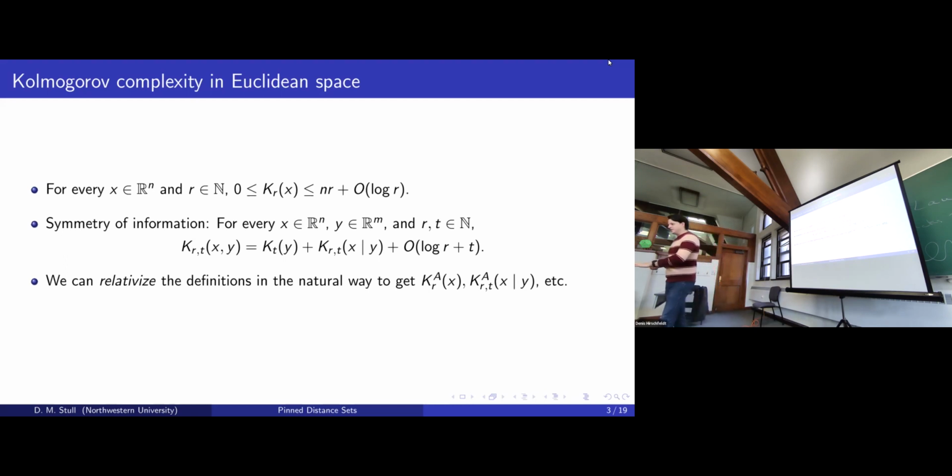If you haven't seen Kolmogorov complexity before, but you are familiar with Shannon entropy, it's basically the same thing. It's the symmetry of information for entropy, and it's almost exactly the same.